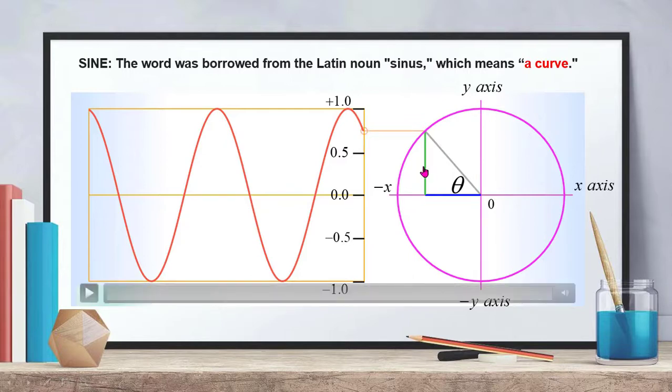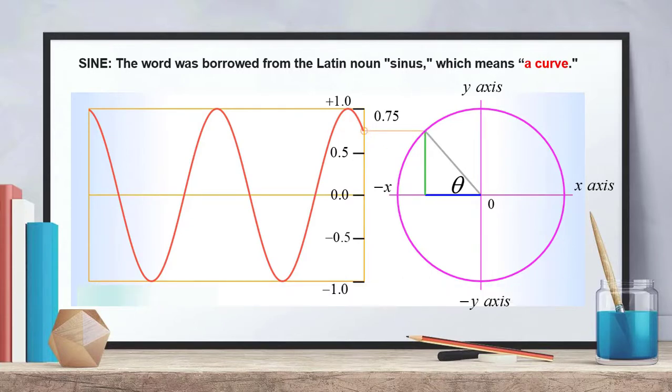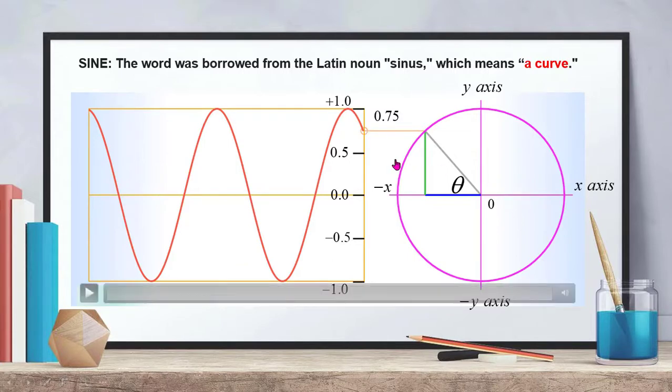For instance, in this particular case, the value of the sine according to this scale is around 0.75, and the length of the opposite is also 0.75, which means there is a relationship between the length of the opposite side of a right-angled triangle and the value of the sine.